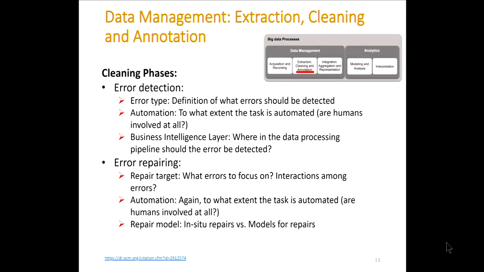So doing this error repairing, making a decision or modeling how your system is going to react to this error, is important. Don't think I always need to discard.